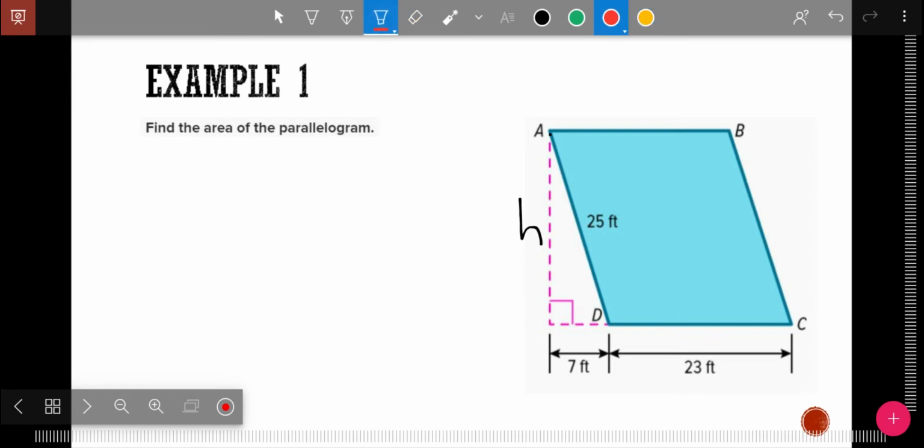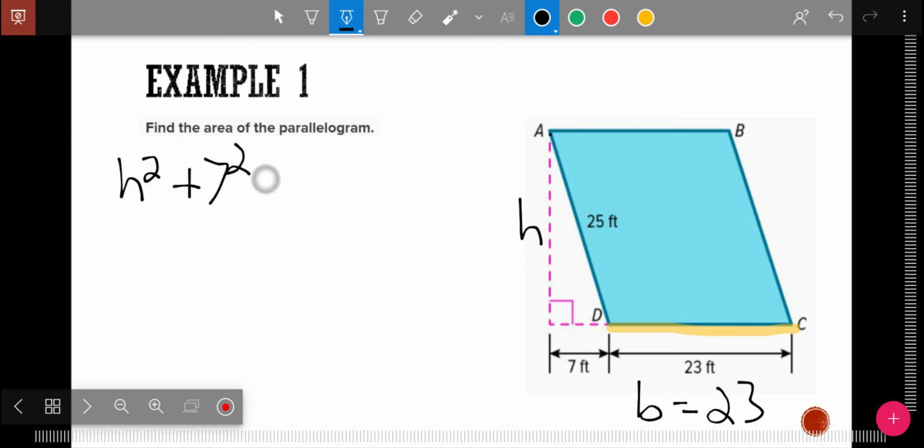I can say here that this is my base. All right. And so B, let me fix that. B equals 23. I just have to find the height. Now, to find the height, I have to realize it's a right triangle in here. So Pythagorean theorem: h squared plus 7 squared equals 25 squared.